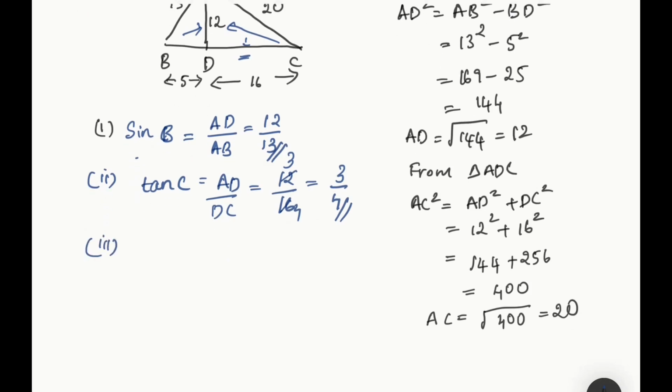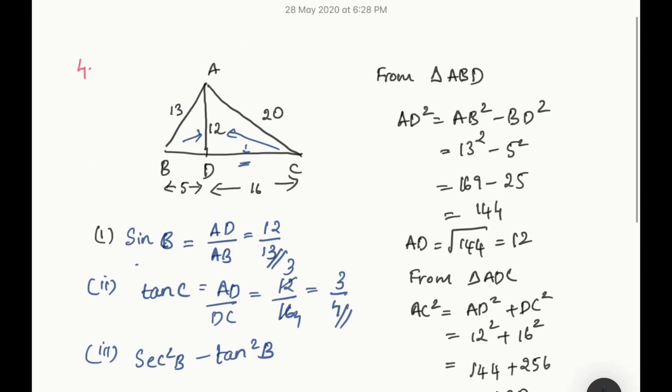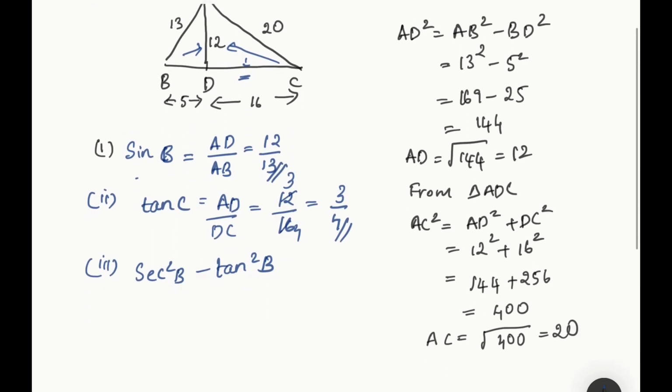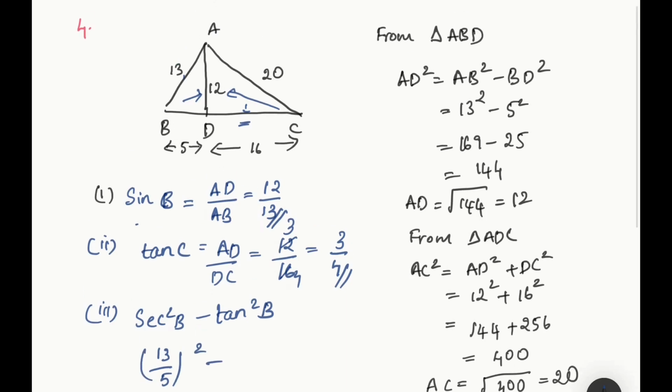And next, the third sub question is given as sec square B minus tan square B. What is sec square B from the figure? Sec B is hypotenuse by base. So sec square B is hypotenuse 13 by 5 whole square, minus tan square B, again perpendicular by base. What's the perpendicular here?